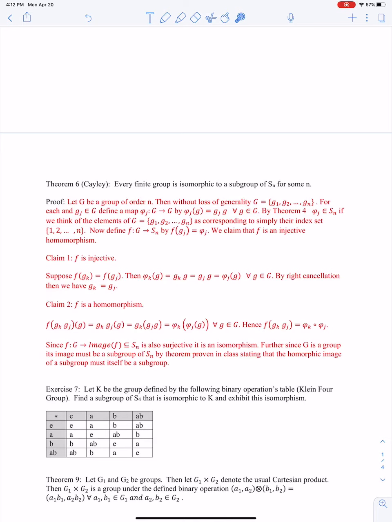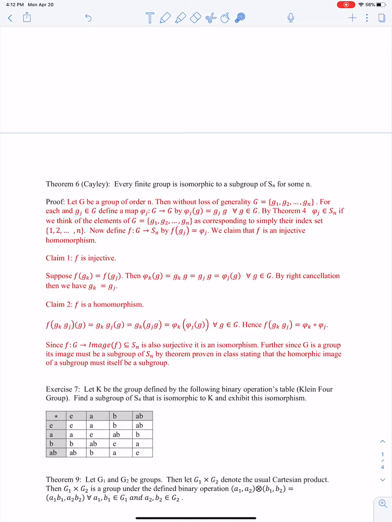All right, so what do I have now? An injective homomorphism. But if I notice that any map from G to its image, the only thing it hits, that image is a subset of S_n. Well, if I just look at the map from G to its image, it's automatically surjective because the only thing I'm looking at is what it hits.